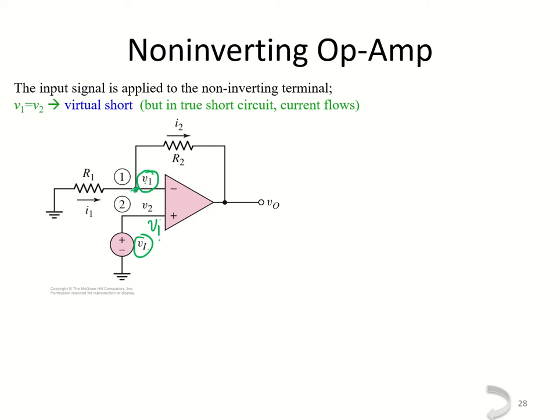Then just write the nodal equation that I1 is equal to I2. So what is I1 here? This is 0 volt, so 0 minus this nodal voltage V1 divided by this resistance R1. And what is I2? V1 minus V0 divided by R2.